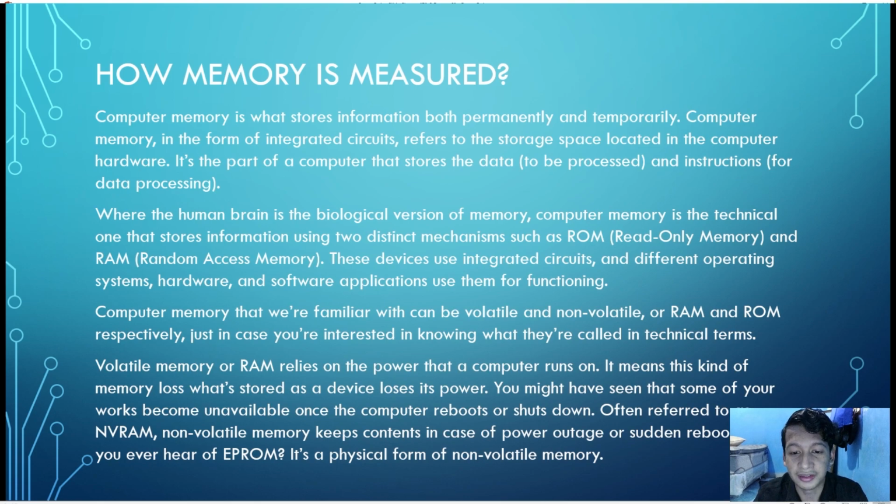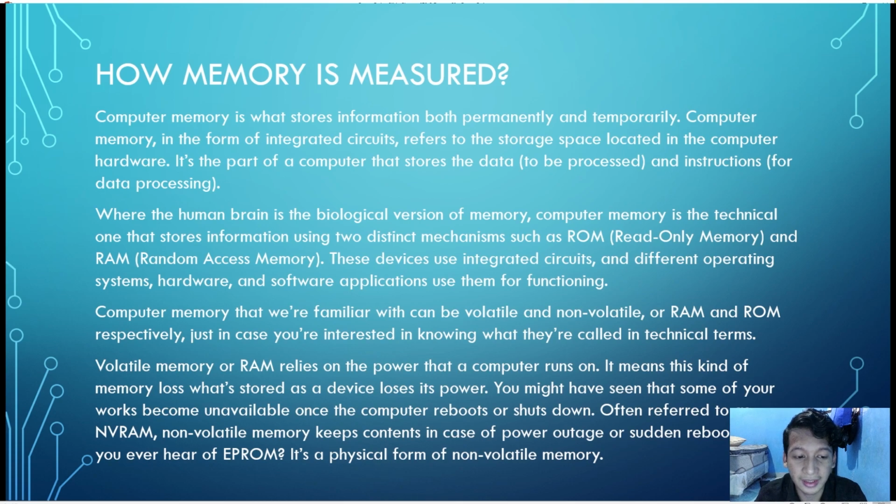This device uses integrated circuits, and different operating systems, hardware, and software applications use them for functioning. Computer memory that we're familiar with can be volatile and non-volatile, or RAM and ROM respectively. Just in case you're interested in knowing what they're called in technical terms.